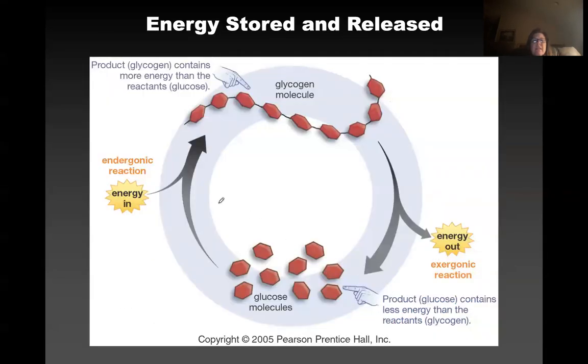And this is what we're doing right here with energy. So we have our endergonic reaction where we're taking energy in. There's our glycogen. We talked about glycogen. It's how our body stores short-term energy. So we have this high amount of energy stored here, and we're going to break it apart and get energy out.